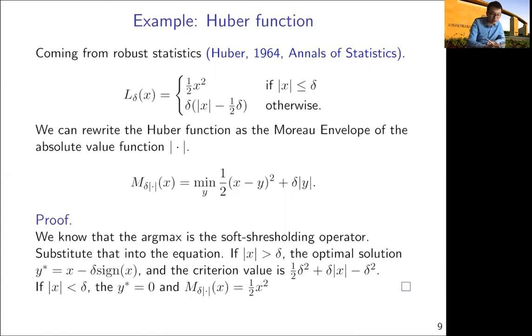Recall that L2 is just a quadratic function that is very nice, smooth everywhere and differentiable, and it's bell-shaped. This is the squared L2 norm. And the L1 norm is the absolute value function that is pointy at 0.